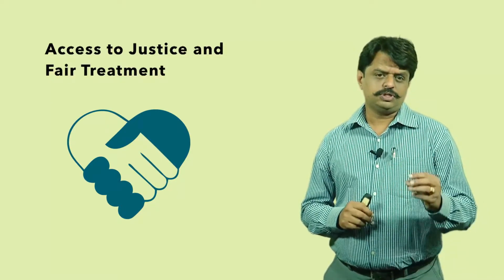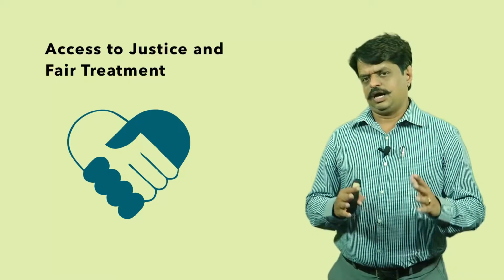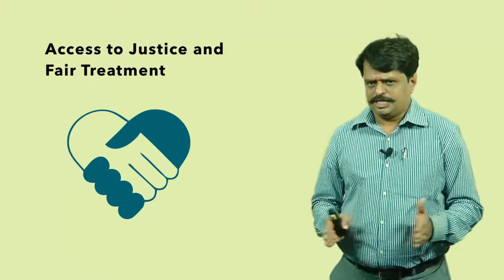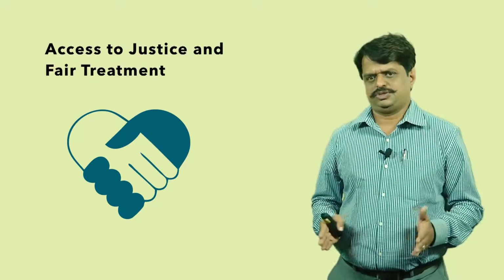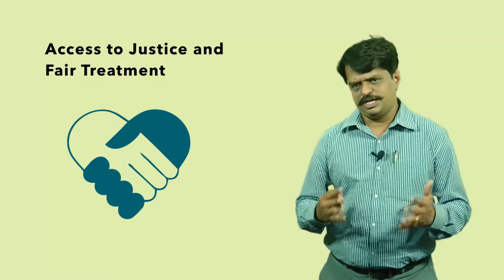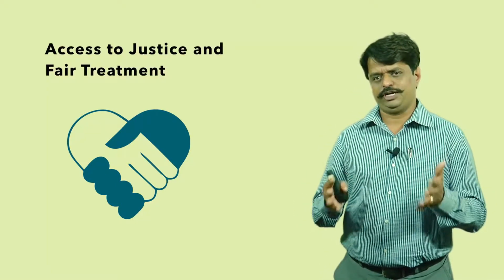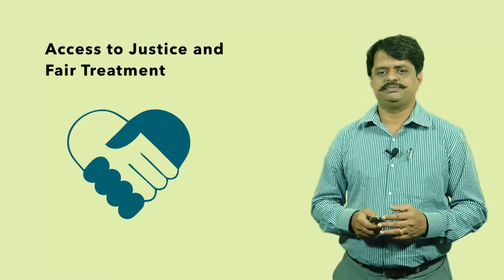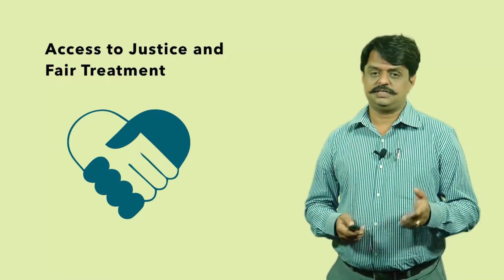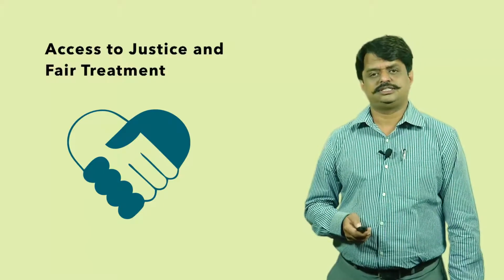Already there is a provision that has been created: a department of prosecution is established to assist the victims. But in addition to that, other additional assistance that is required for victims should be provided. Right to protection of privacy and safety is another important aspect under access to justice.